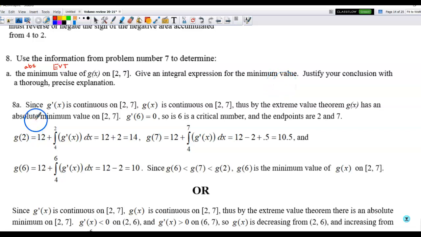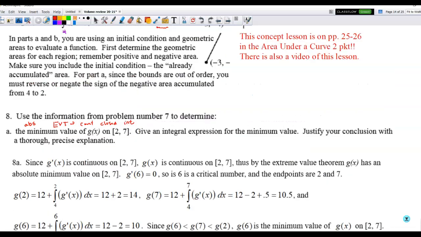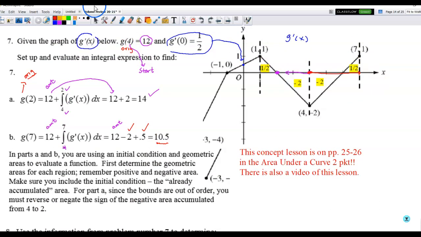All right, so if it's EVT, I'm going to establish my condition. And the only condition of EVT is that the function be continuous on a closed interval. Now above, I have the graph of g prime of x. So let's look at that, and I'm going to get rid of some of the markings on there. Let me get my eraser here. Probably going to need that 1/2.